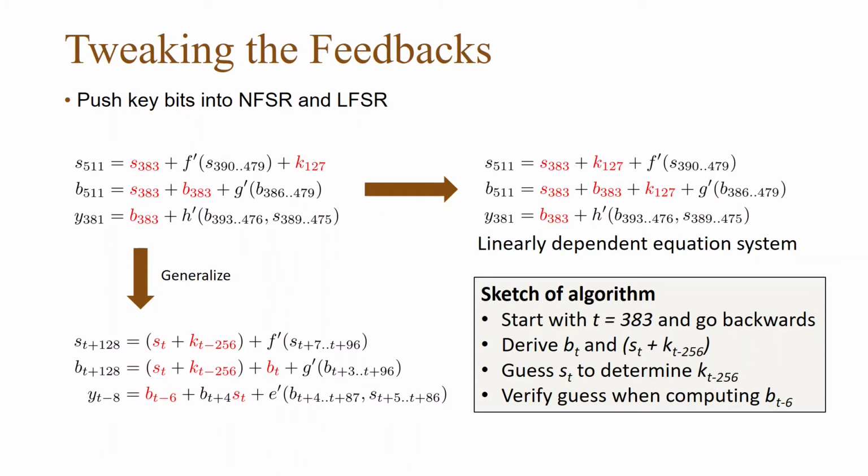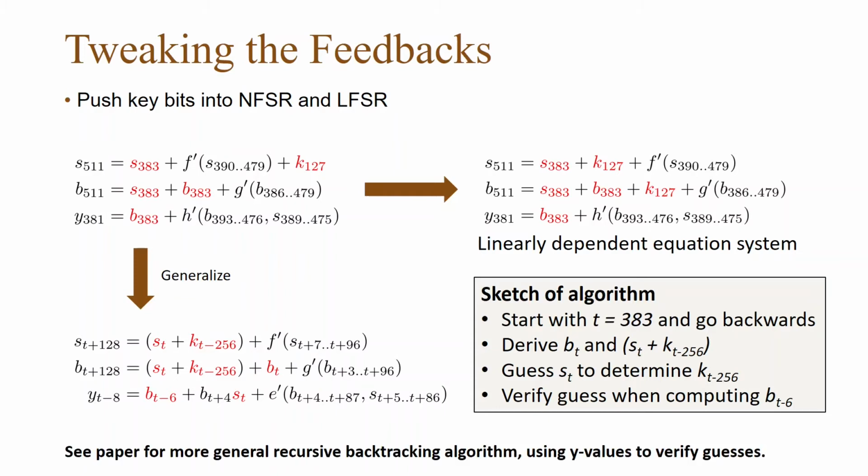Then this guessed value of st can be verified later when we are computing bt minus 6. We elaborate more on this in the paper, and we also propose a more general recursive backtracking algorithm that is using the y values in order to verify the guesses that we made in previous steps.